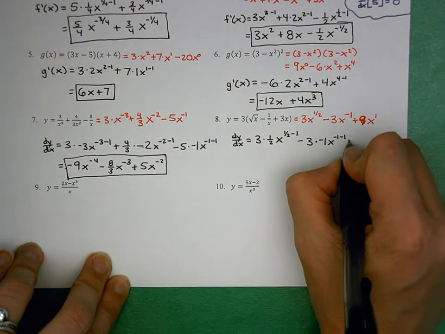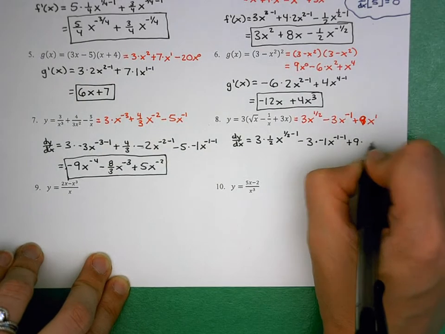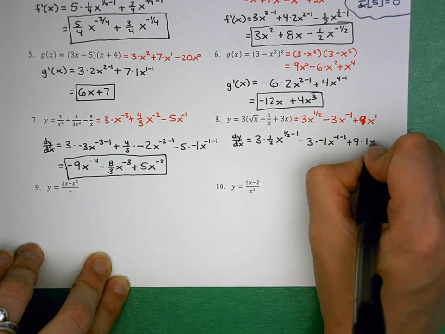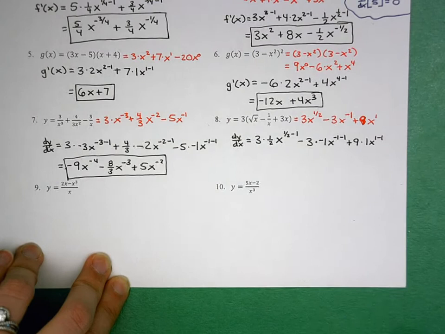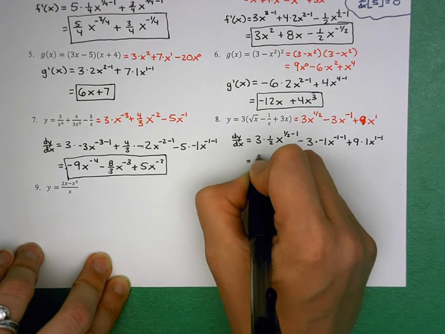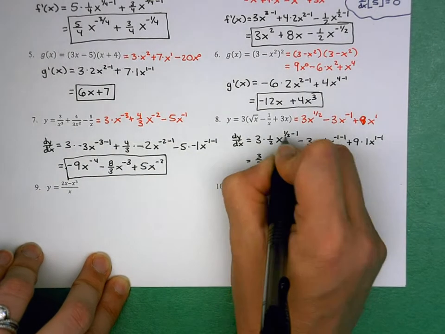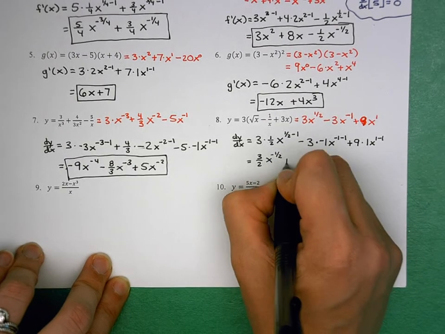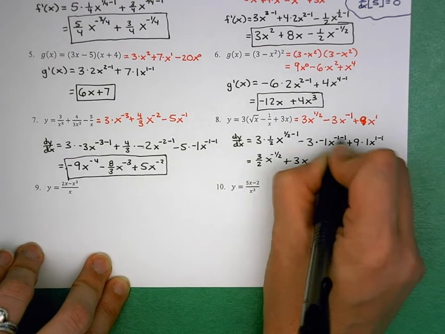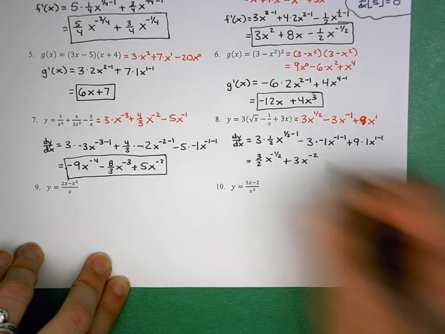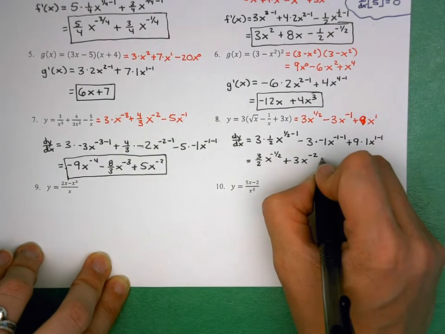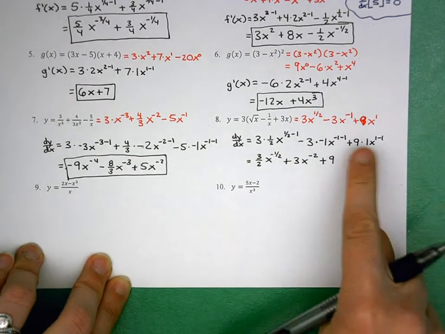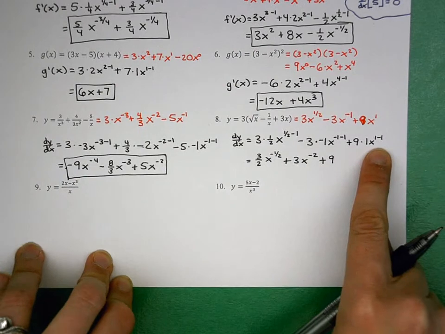And in the third term, n is 1. The exponent is 1 minus 1. Which gives me 3/2 x to the 1/2 minus 1, which is negative 1/2. Plus 3, x to the negative 1 minus 1 is negative 2. And then plus 9 times 1 times 1, which is 9.